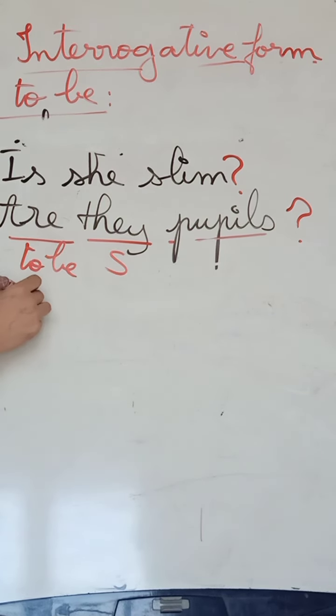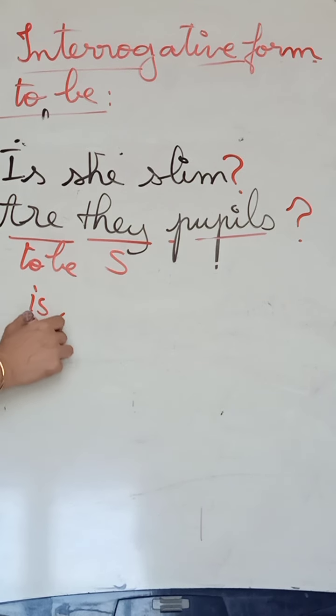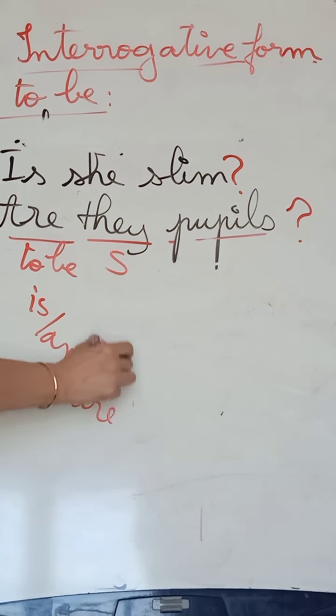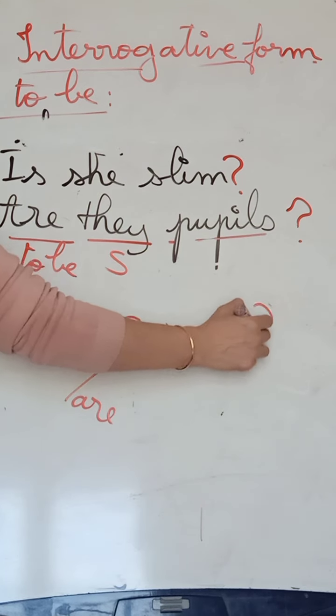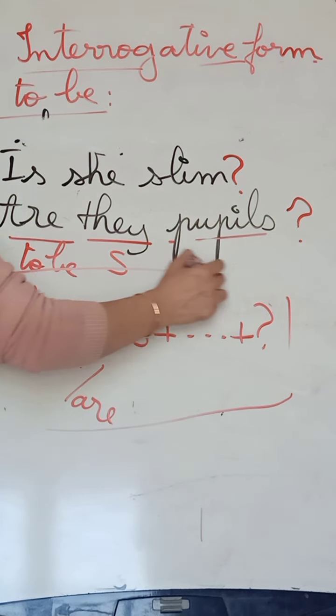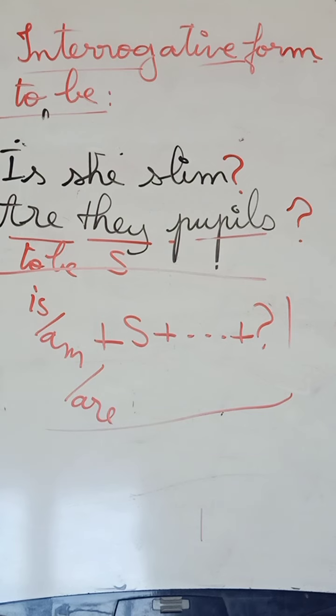Okay, so here I write is or am or are plus subject plus the rest of the sentence plus the question mark, and this is the rule concerning verb to be.